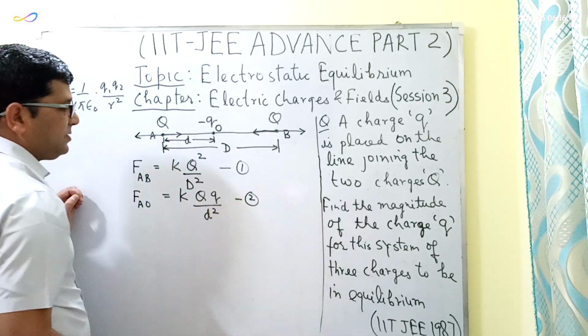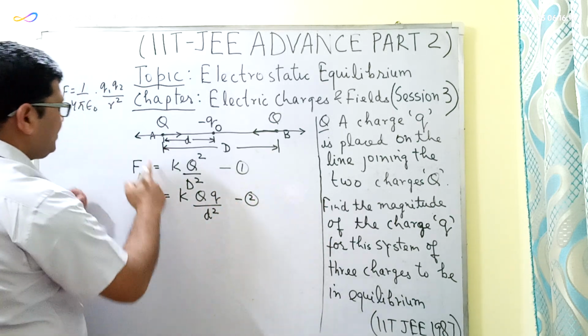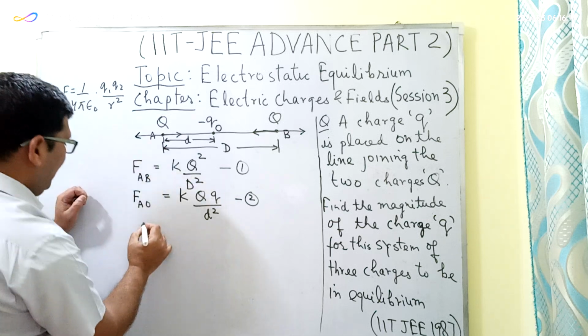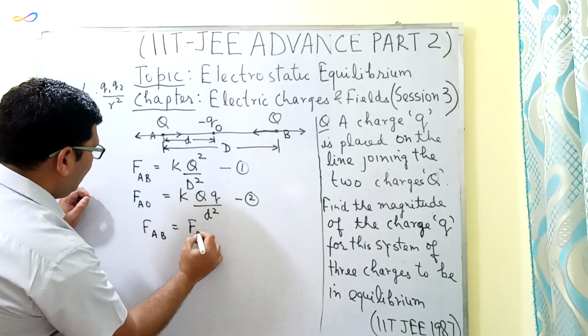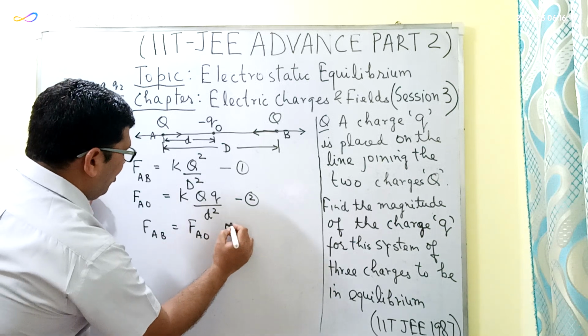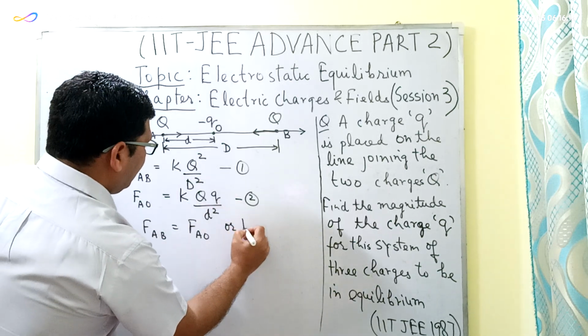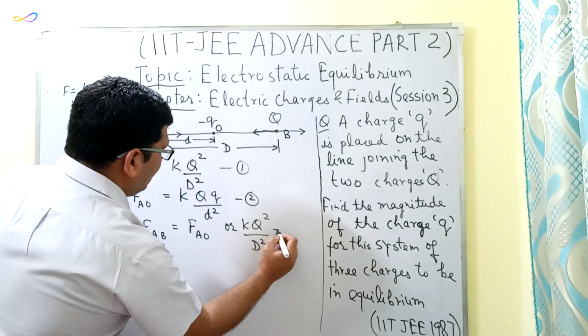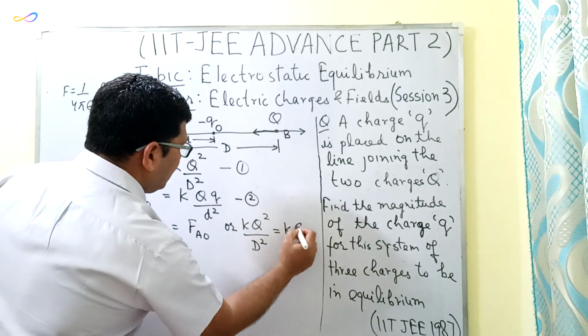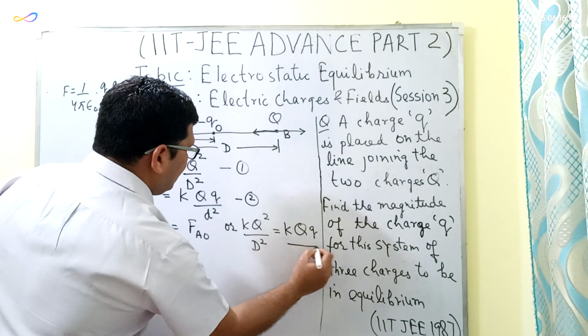Now for this system of three charges to be in a state of equilibrium, this F_AB should be equal to F_AO, or we can say that K Q square upon D square should be equal to K Q q upon d square.